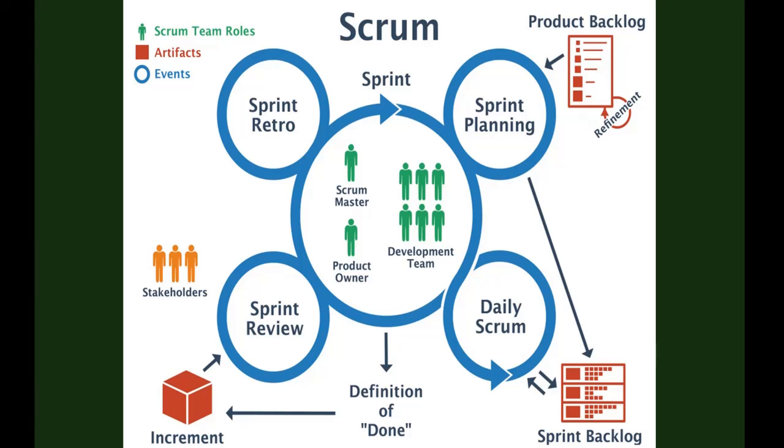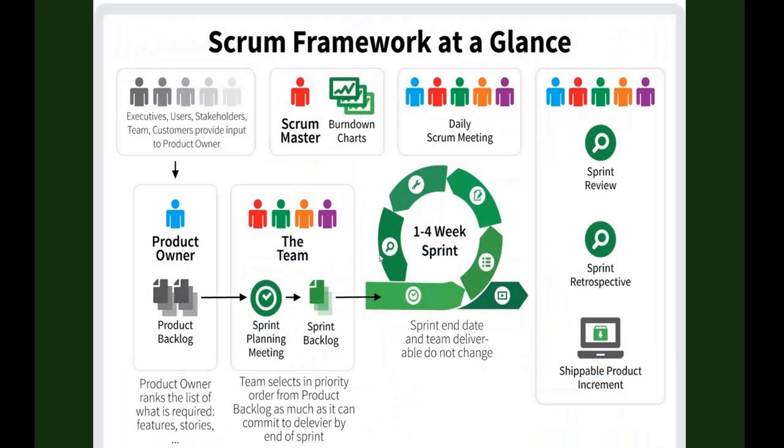Okay, so the next one, Scrum Framework at a glance in here. So product owner, who will be the product owner? Executive, user, stakeholder, team, customers provide input to the product owner.